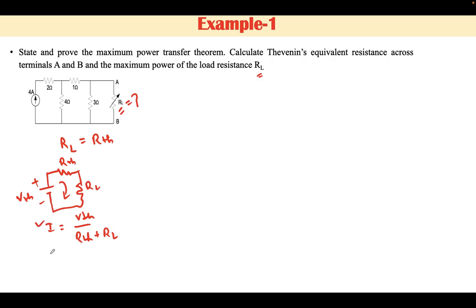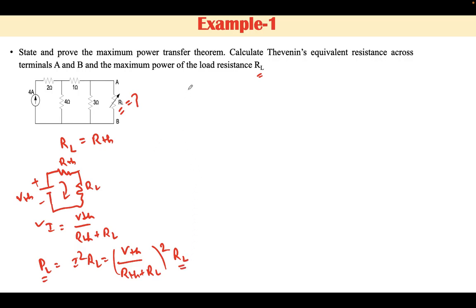The power across RL, PL, is equal to I square RL. We know I is VTH upon RTH plus RL, so PL is equal to VTH upon RTH plus RL whole square into RL. In this equation, to find the maximum power, the variable component is RL.